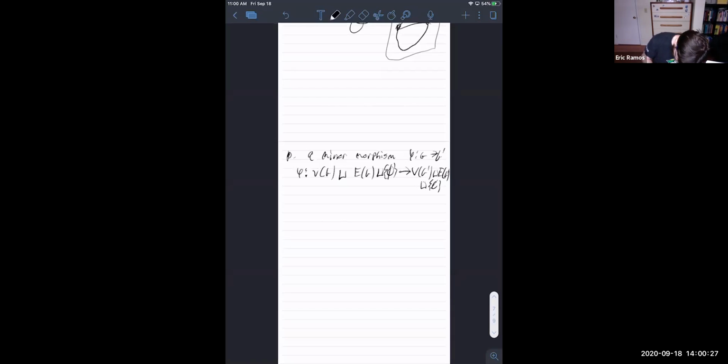And it satisfies the following conditions. First of all, if you take phi and apply it to the vertices, this is just going to give you the vertices of G prime. So this says that vertices are mapping to vertices and that it's surjective in that respect.